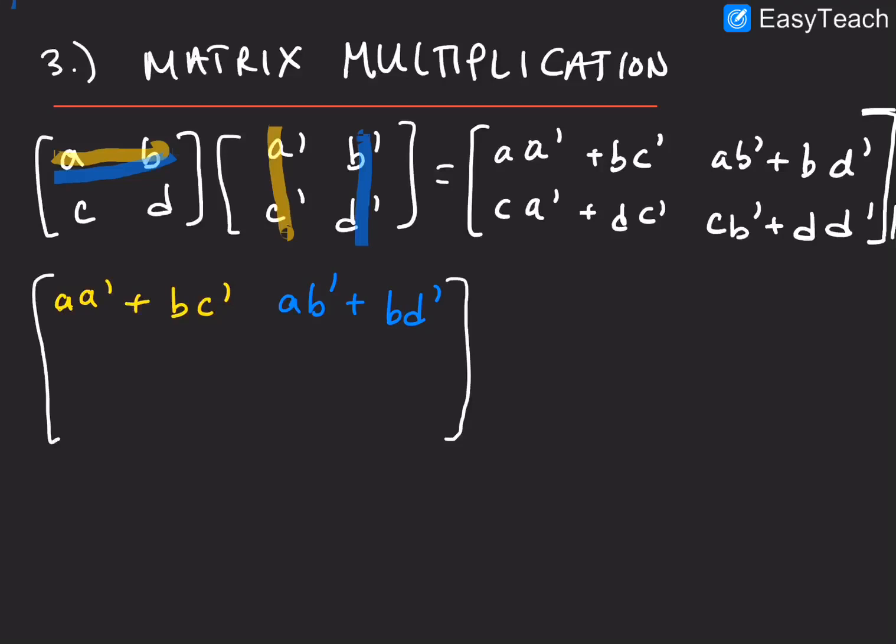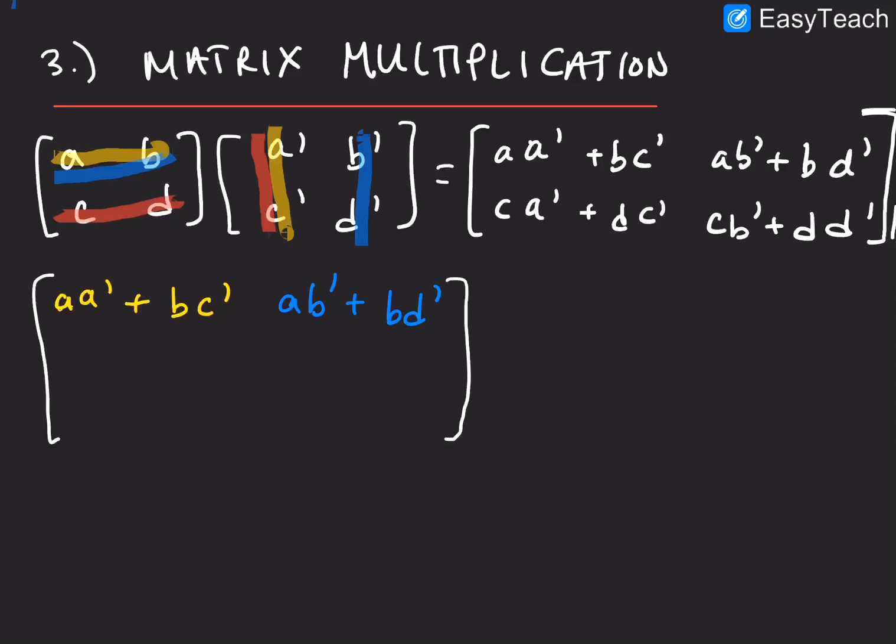Okay, so now that we're done with this first row, this A and B, we've multiplied it to the second matrix, the first and second column. So now we're going to go down to C's and D's for the first one, okay? So we're going to take C and D, and we're going to multiply it to that A prime and C prime.